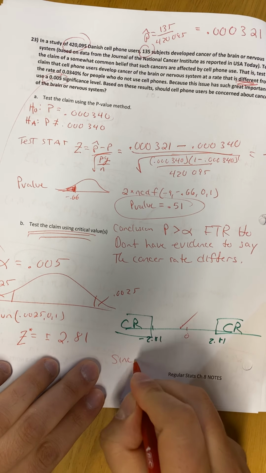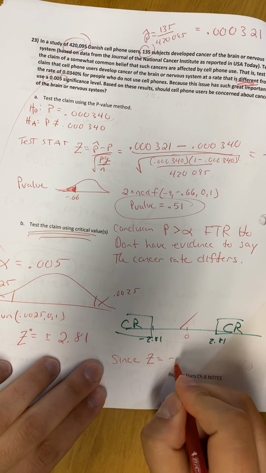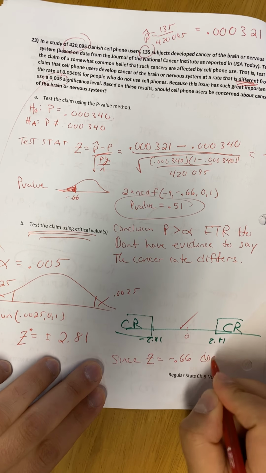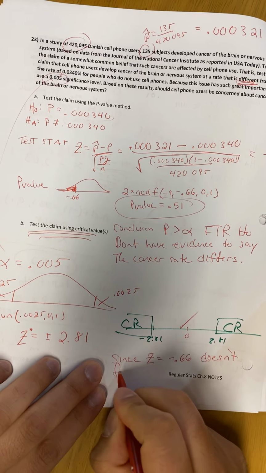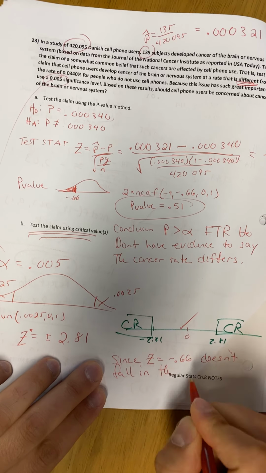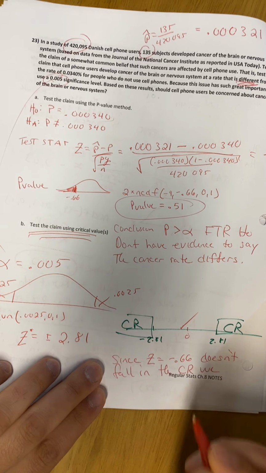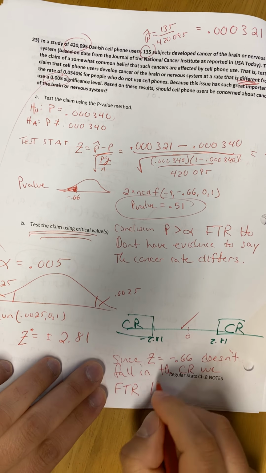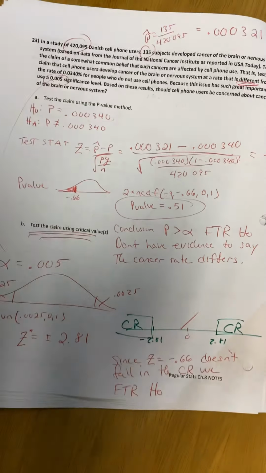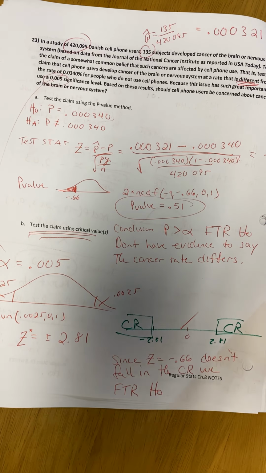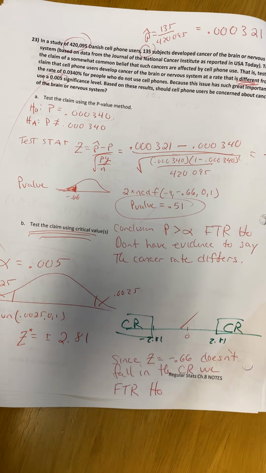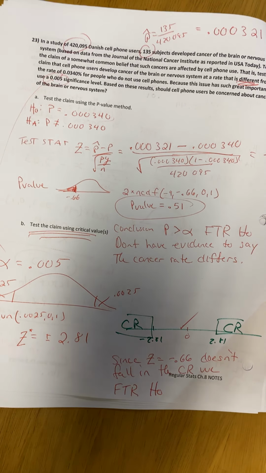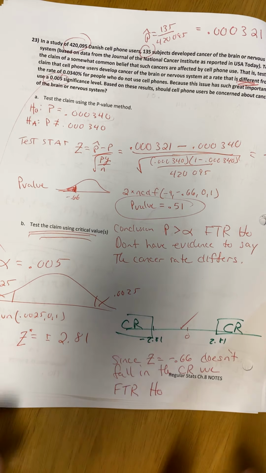So since z equals negative 0.66 does not fall in the critical regions, we fail to reject the H0, and it will have the same conclusion. So it looks like the cell phones aren't really doing anything to the Danish. Maybe they got something different going on over there. But if they did, I don't know, Americans, who knows? Hard to tell.